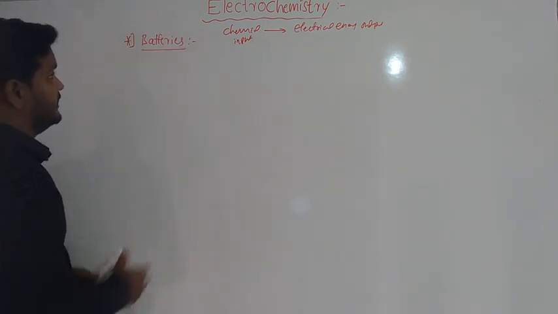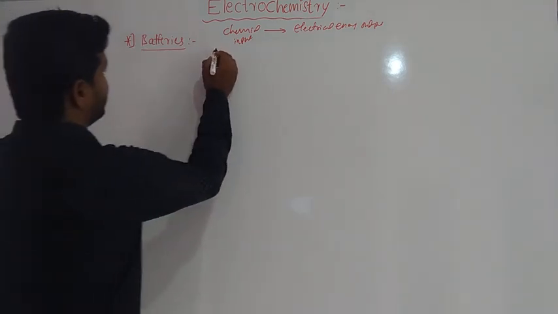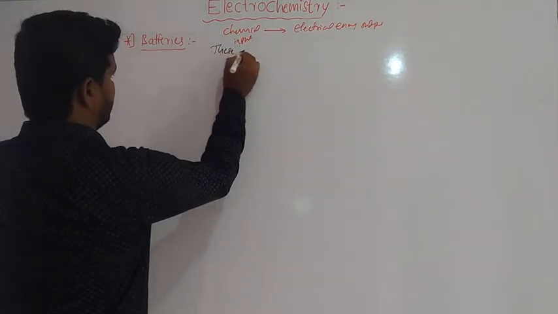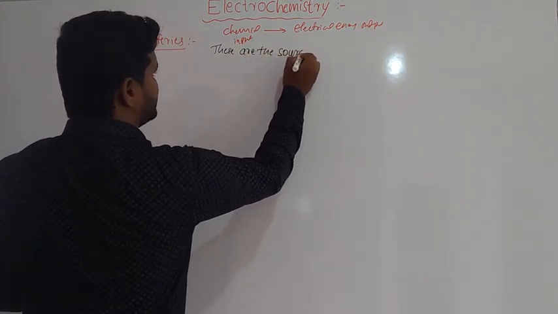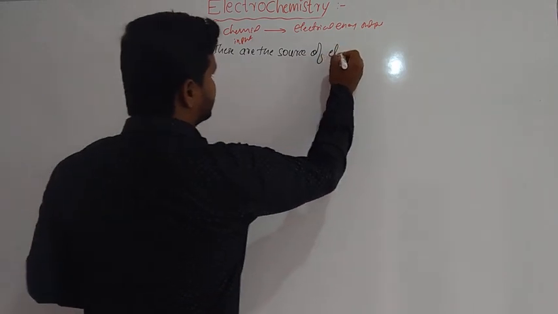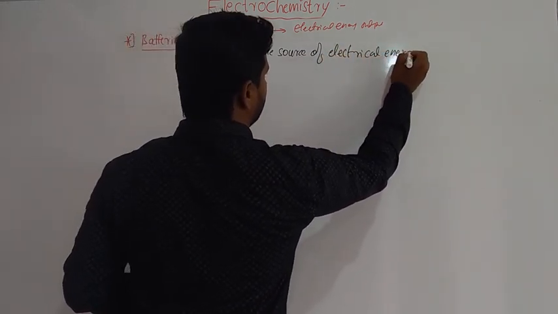So these are galvanic cells. Batteries are the source of electrical energy.